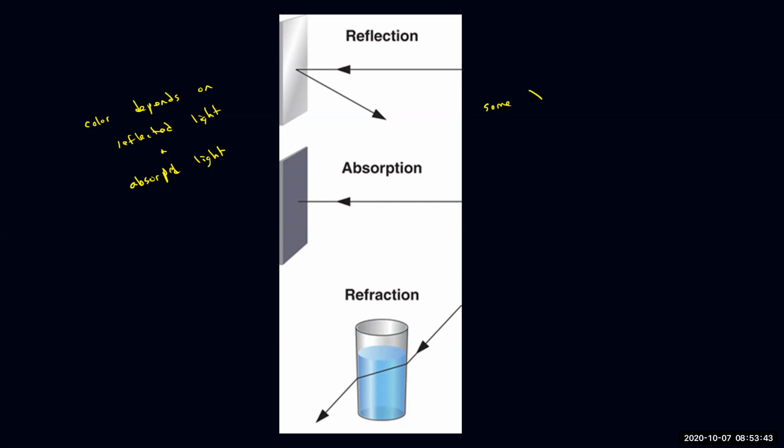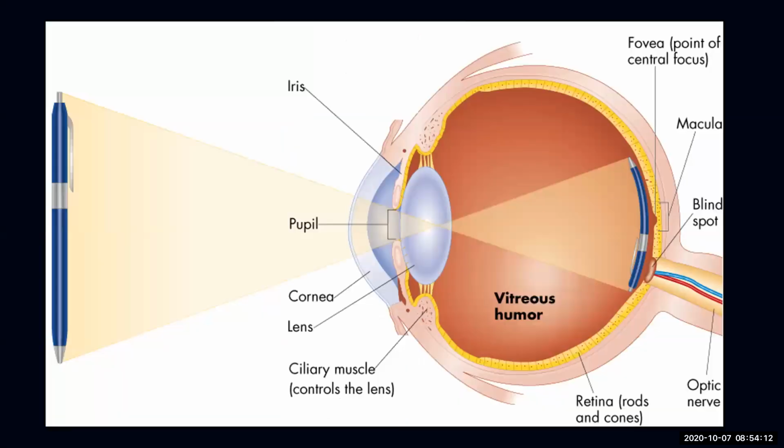I'm just going to write lambda. Lambda equals wavelength. Some wavelengths will be reflected. That will allow them to continue on here and hit my eye. Others will be absorbed. These won't hit the eye.